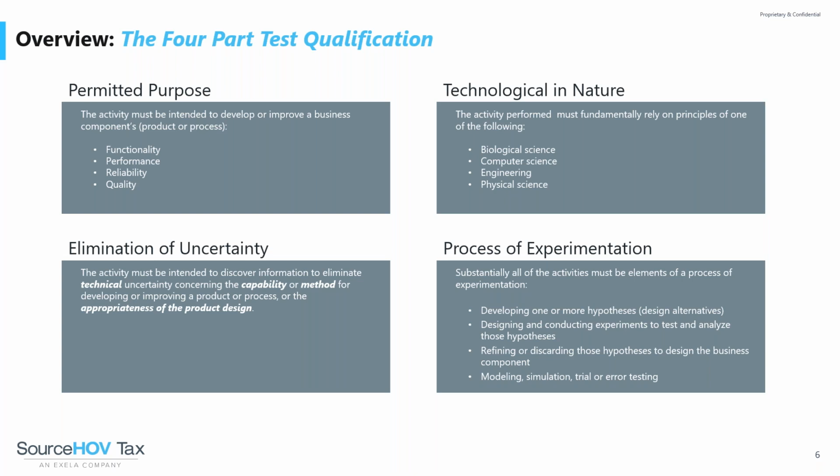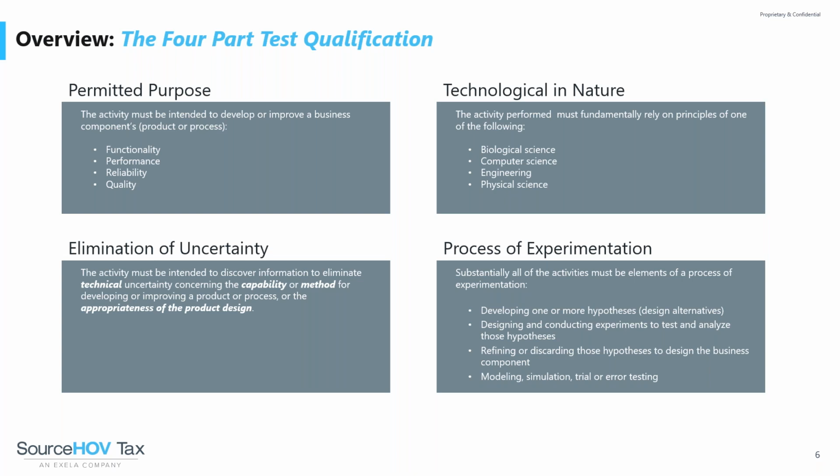This uncertainty has to be technical and can concern capability, meaning is our company capable of actually delivering on this type of project? Method, how do we get from point A to point B where we have an acceptable product for our client or our user base? Or appropriateness of design.